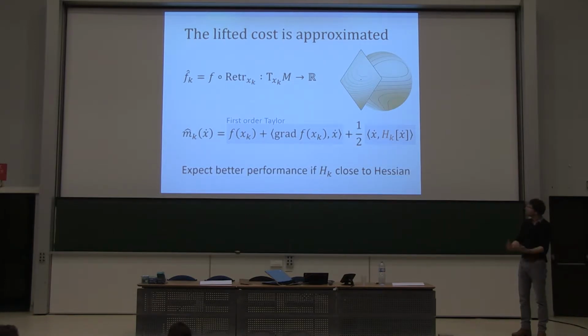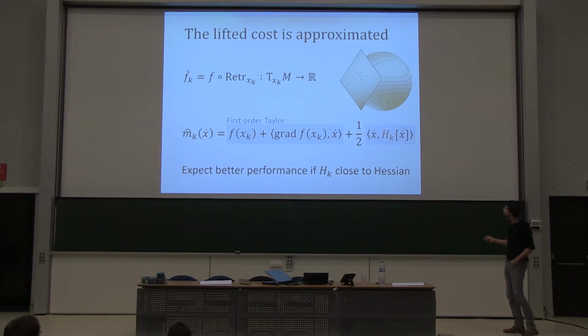And now that we have this notion of a lifted cost, I want to be a bit more precise about what I mean by approximating. So we have this function on the tangent space, and now I want to define a new function, which is going to be called m. M is the model, and m is supposed to approximate f hat.